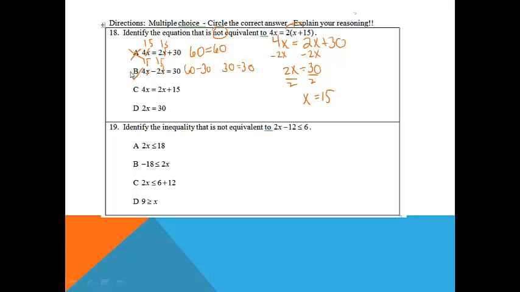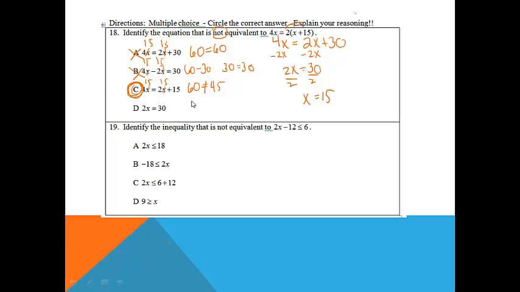That one also works. Okay, this next one, if I put 15 in for both of my x's, on the left side, 4 times 15 is 60, and then 2 times 15 is 30, plus 15 is 45. Those two do not equal each other, so this one does not work.